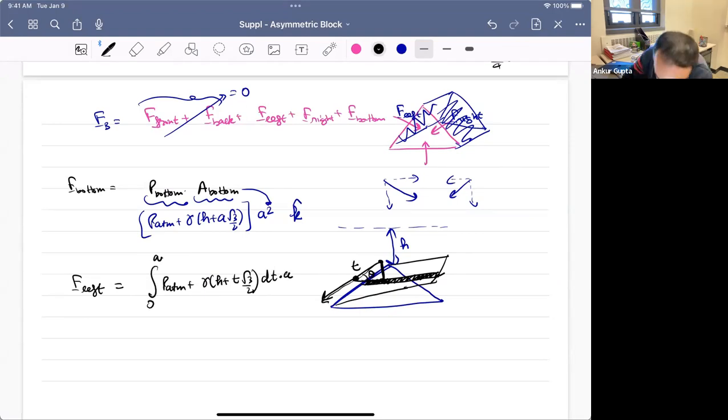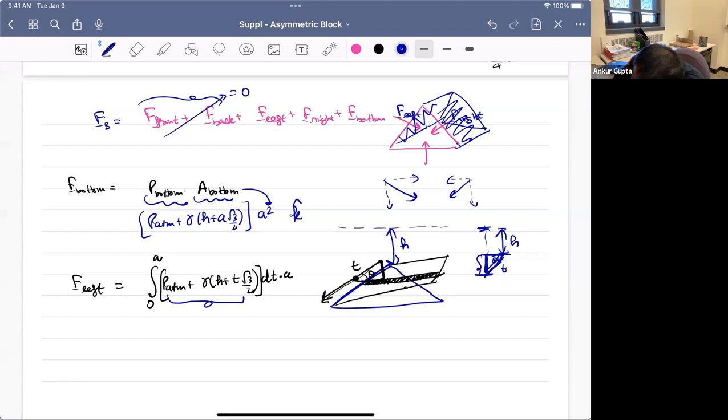It's very important to understand this. So what have I done here? First, note that I'm taking the pressure at this point. Think of it like this: at this point, this vertical part is H, and this part is T. So to get this distance, I essentially have to do a sine 60.